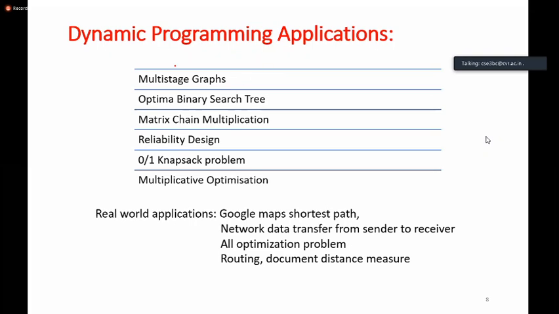And what are the applications of this? The first application is the multi-stage graph, which we are going to discuss in our unit.